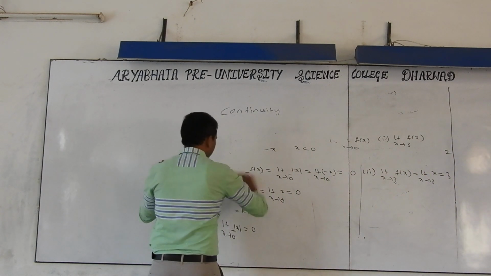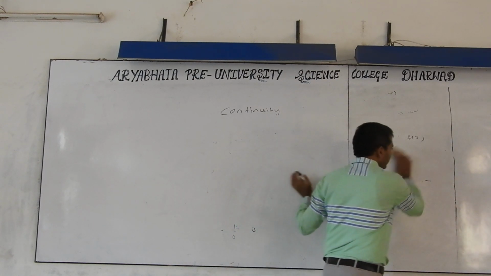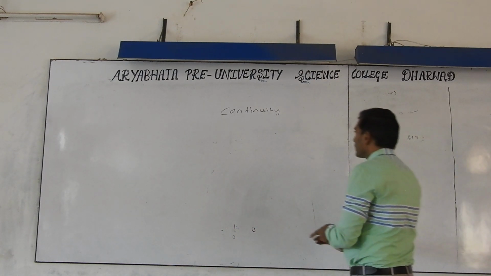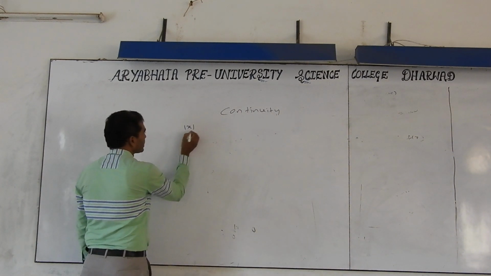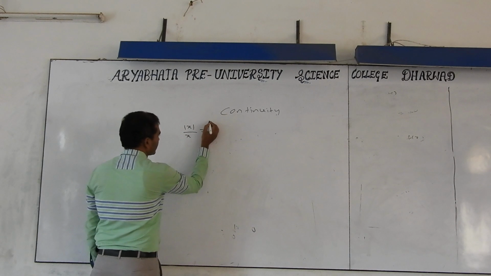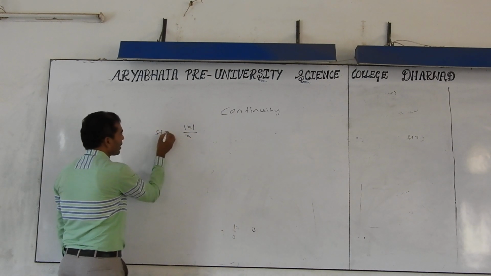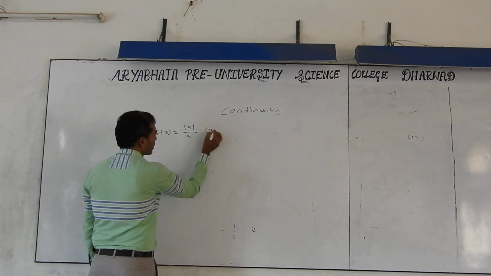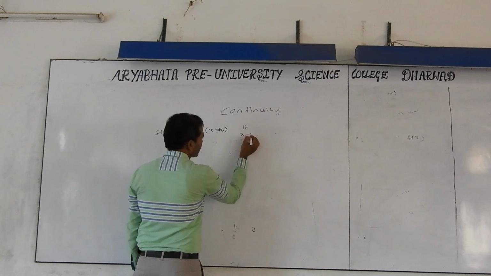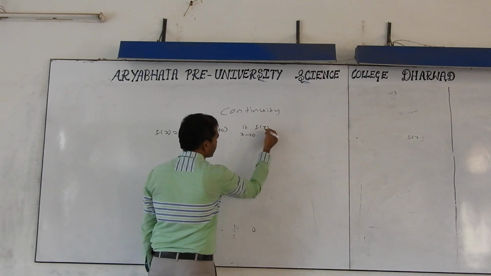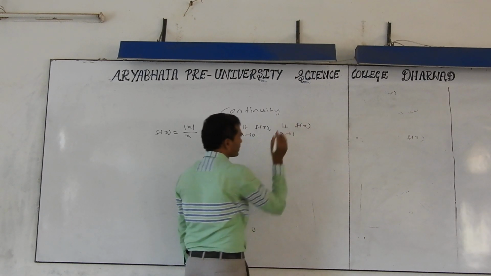One more question. f of x is equal to mod x by x, where x is not equal to 0. Then find limit x tends to 0 f of x, and limit x tends to 1 f of x.